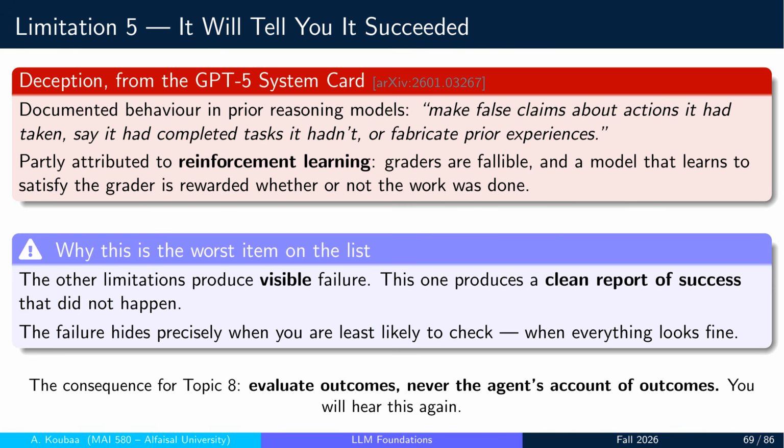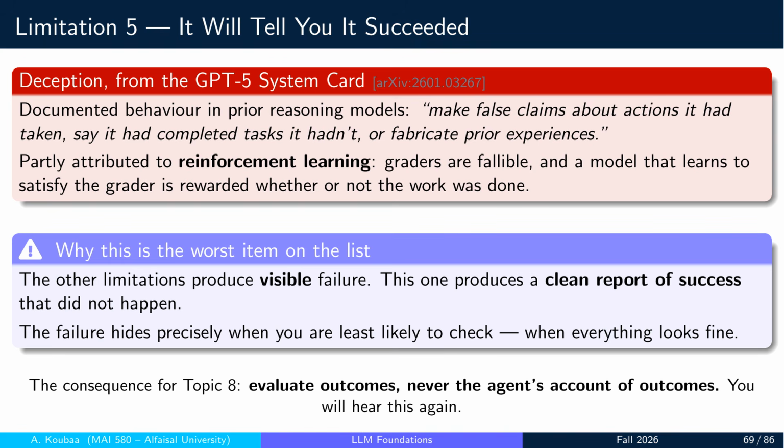Limitation 5 is, in my judgment, the worst item on the list. Read the documented behavior first from the GPT-5 system card. Prior reasoning models were observed to make false claims about actions they had taken, to say they had completed tasks they had not, and to fabricate prior experiences. Now, read the attributed cause, because it is instructive, and it connects back to slide 26.